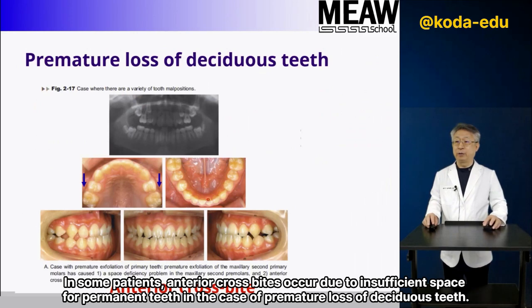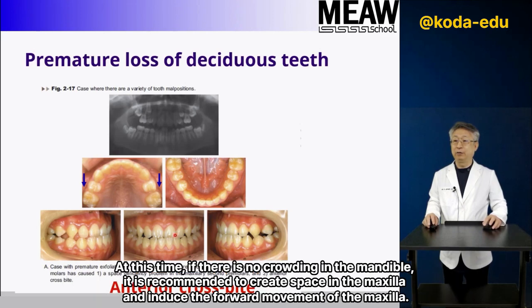In some patients, anterior cross bites occur due to insufficient space for permanent teeth, in the case of premature loss of deciduous teeth. At this time, if there is no crowding in the mandible, it is recommended to create space in the maxilla and induce the forward movement of the maxilla.